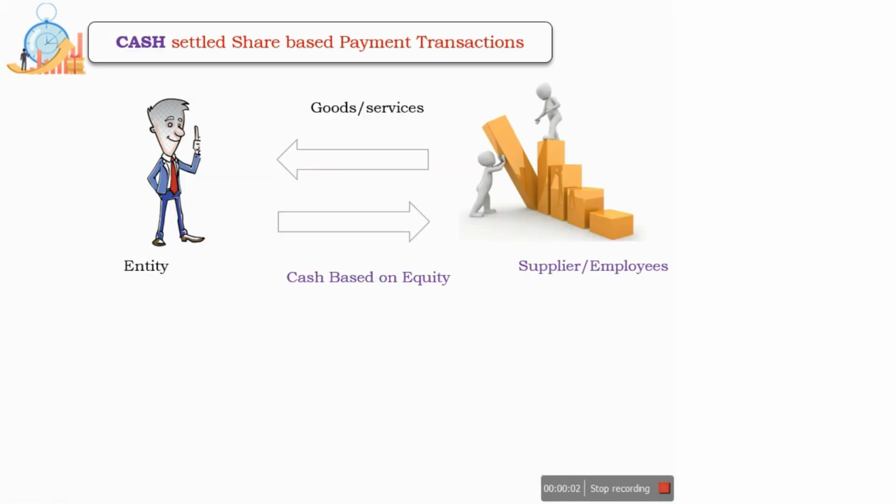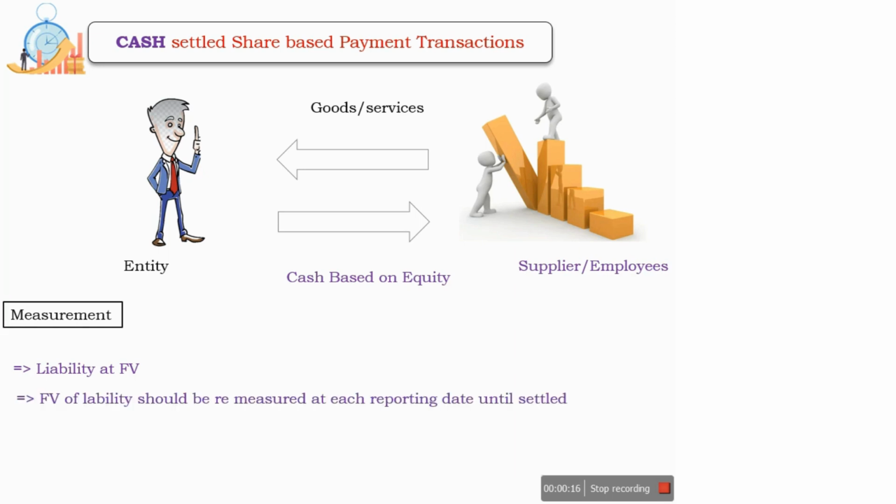Now let's discuss the second category, cash settled share based payment transactions. In this case, we need to measure the liability at fair value, and unlike the grant date model for equity settled awards for employees, an entity needs to remeasure the fair value of the liability at each reporting date until it is settled.